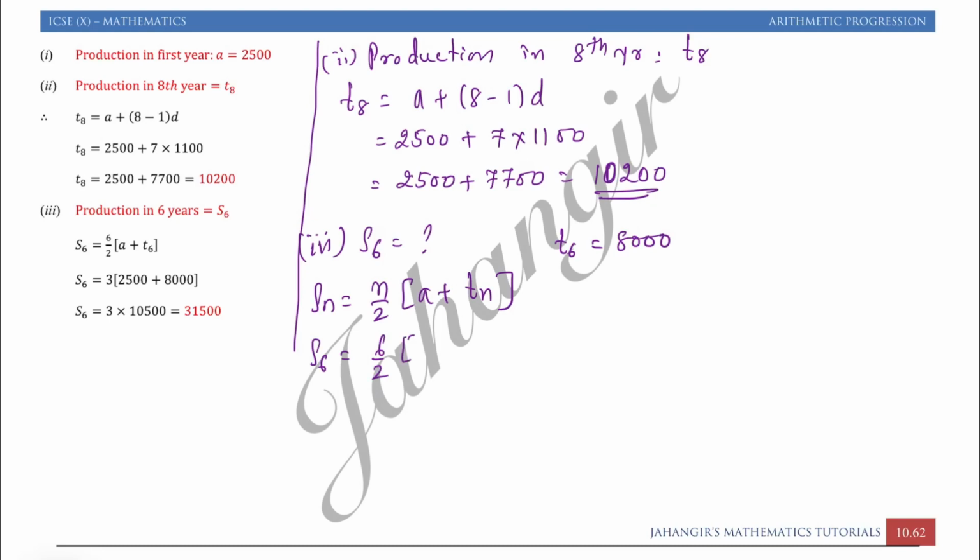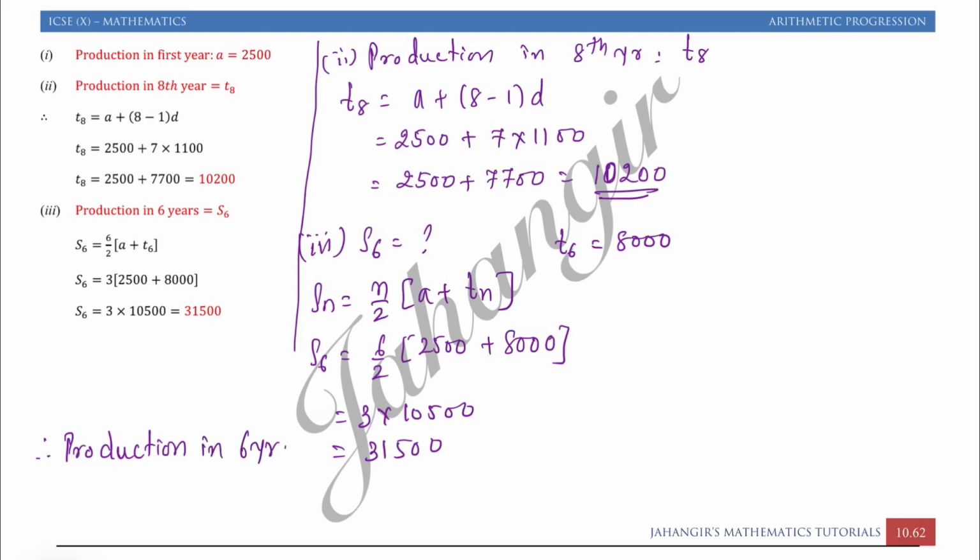A is the first term we got as 2500, plus 8000, which is the sixth year's production. So that is 3 into 10,500, which is equal to 31,500. Therefore, total production in 6 years is 31,500. Hope you understood. This is just an application based question. You may get this type of question in the exam.